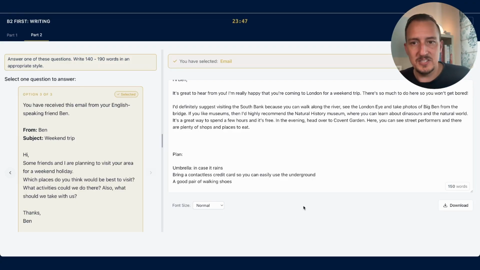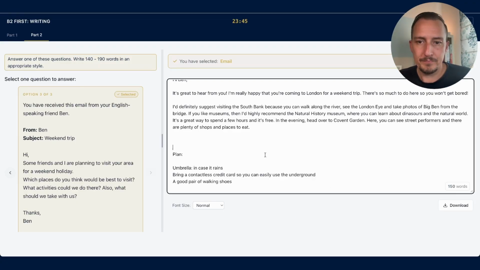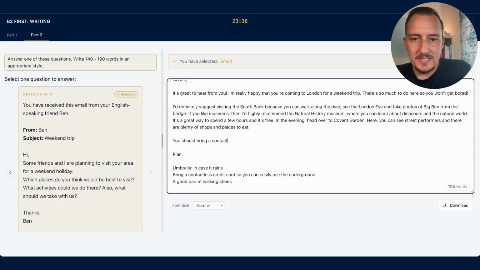Okay, so let's put that into a new paragraph. Okay, so what should you bring, did we say? You should bring a contactless credit card so that you can easily use the underground to travel about.